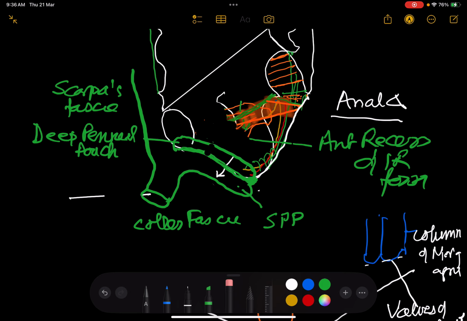So here is the membranous urethra, and this membranous urethra leads to the prostatic urethra, and then it leads to the bladder, the urinary bladder.